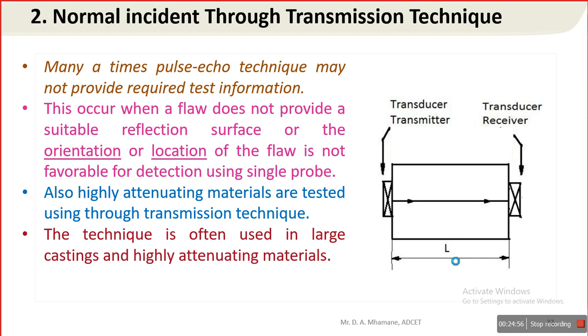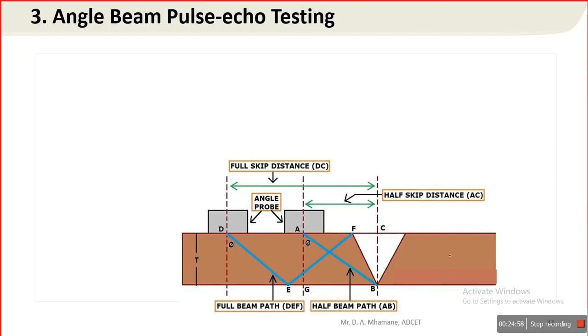The third type is angle beam pulse echo testing. Consider this image, in which this gray part is the angle probe. What is the difference between a normal probe and an angle probe? In an angle probe, the pulsar and receiver are placed at a predefined angle.